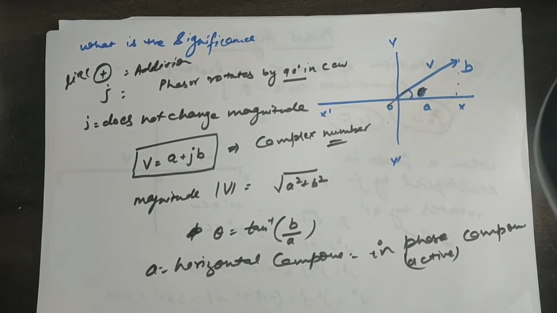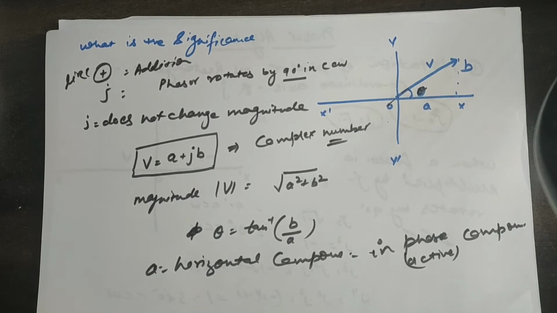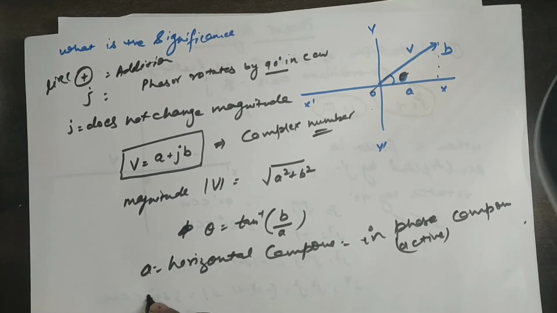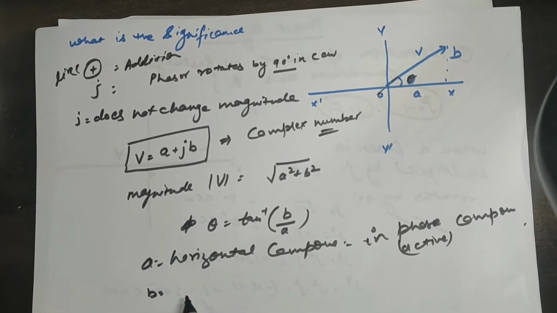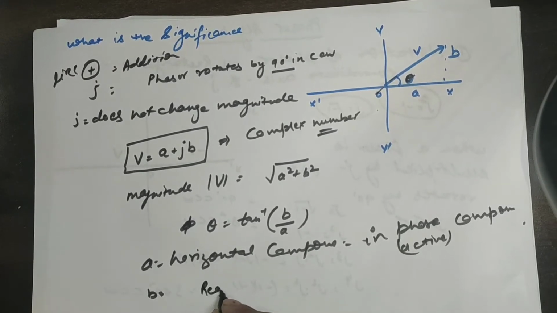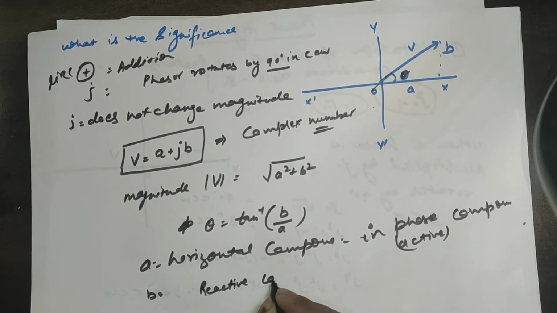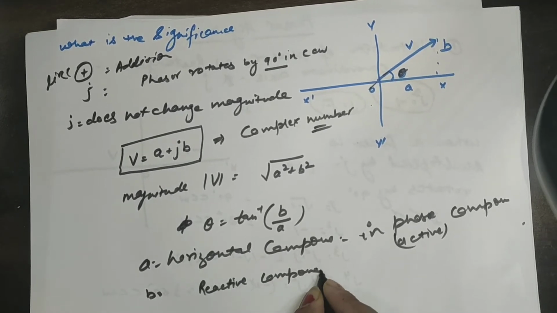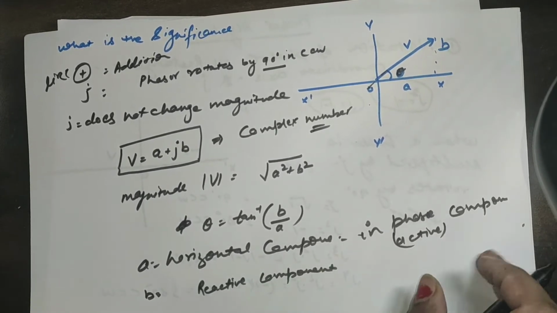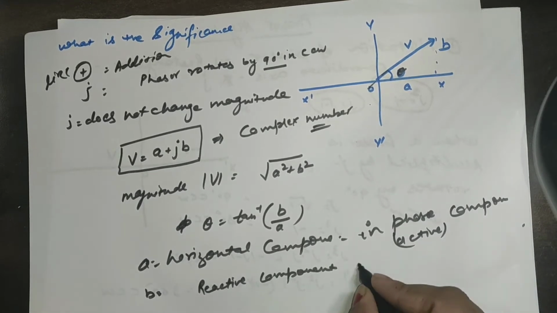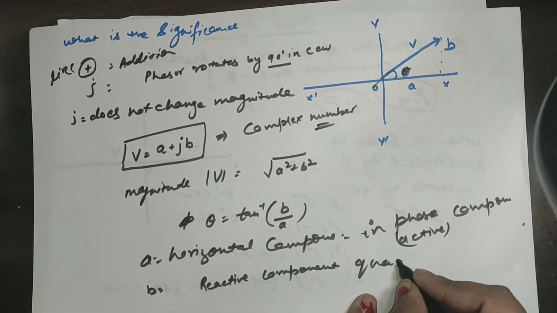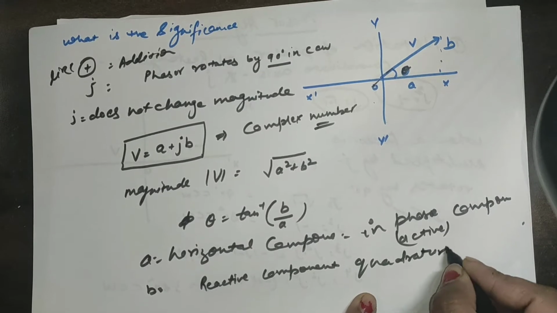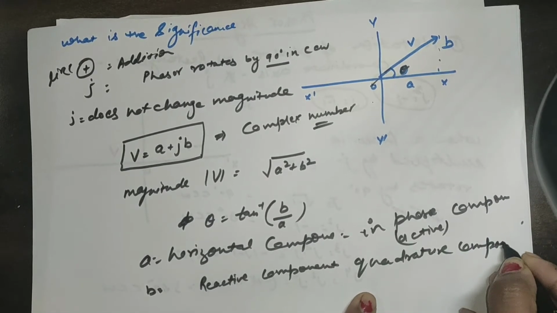The vertical component B is called the reactive component, or quadrature component. Please note these things.